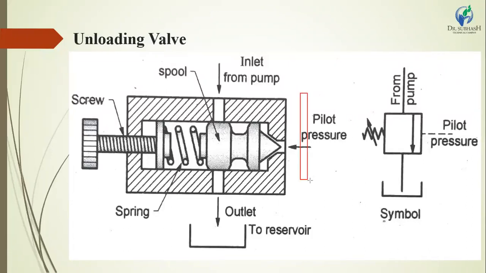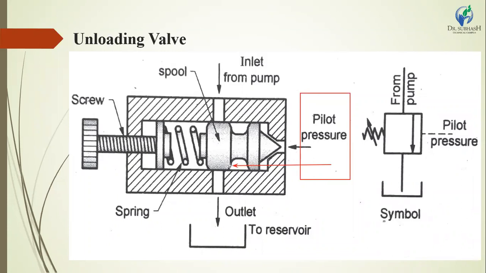First, we apply a higher pressure inside the system or to any mechanical work. When the pilot pressure increases above the preset pressure level, the conical poppet moves from this side to this side.